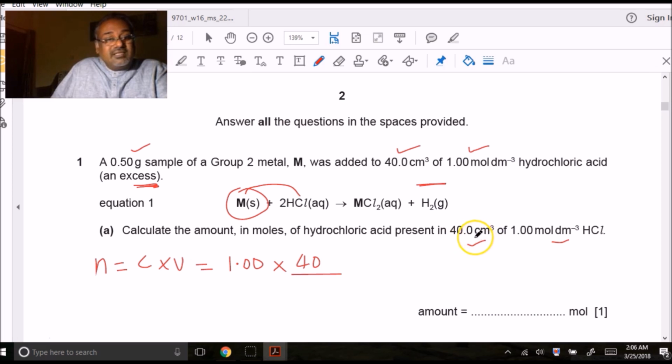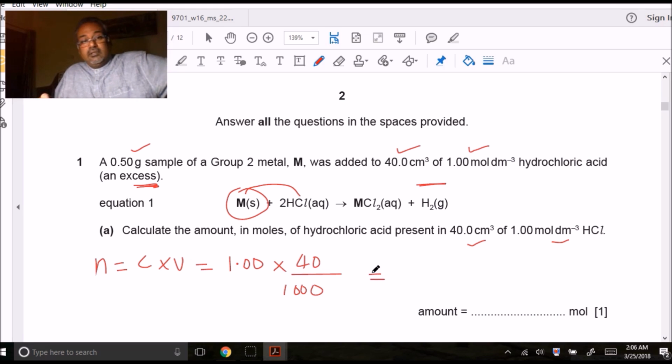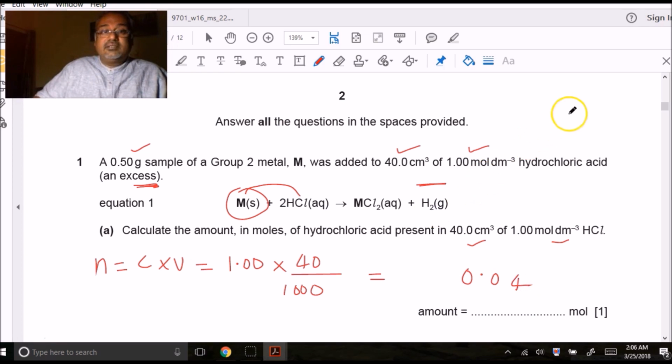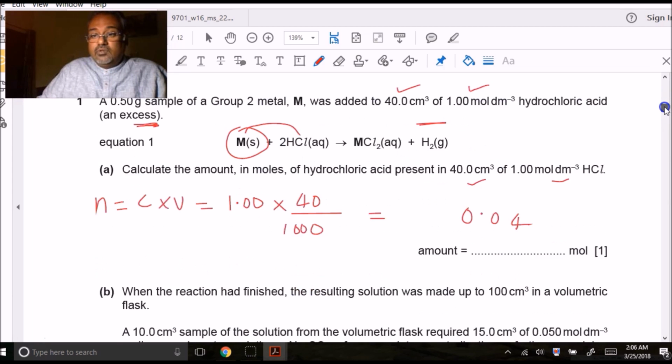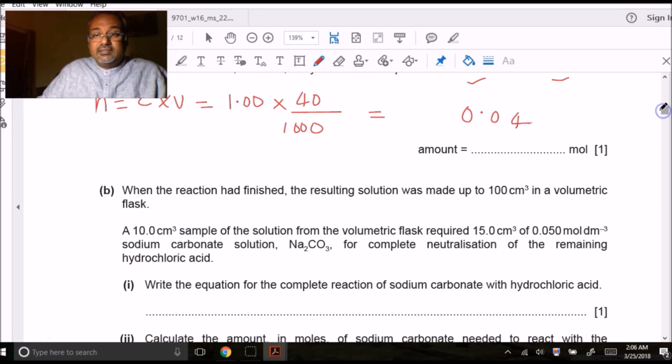We need to change cm cube to dm cube by dividing by 1000. When you work this out, you get 0.04 as your answer. Now we have the moles of the acid. Remember, this is the excess amount of acid which is present.